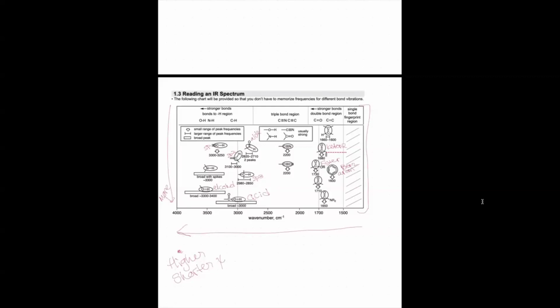So one other thing that she had mentioned was, let me find it. So in general, we can use this as a guideline. Electronegativity, pi electrons, so double, triple, right?